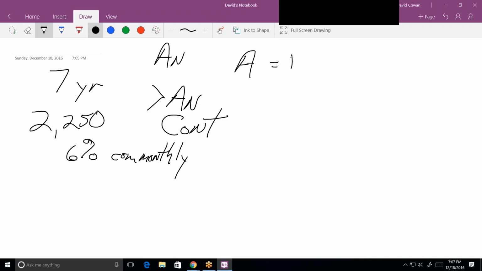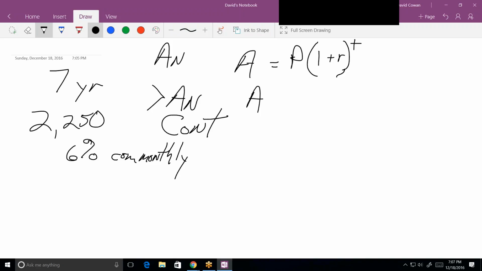P, your starting amount, times 1 plus the rate, with the time as the exponent. The rate is not divided by anything. You divide it by 100 to turn it into a decimal. In other words, you don't want to put in 6%, but 6% is 0.06. Okay? So that's annual.